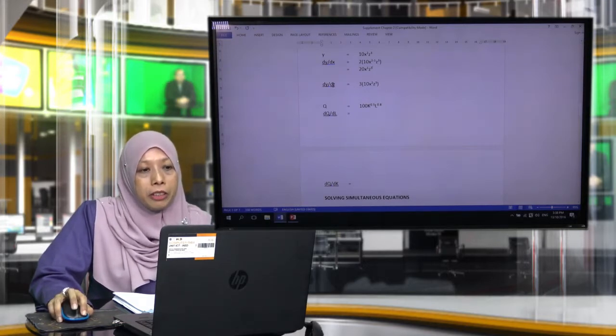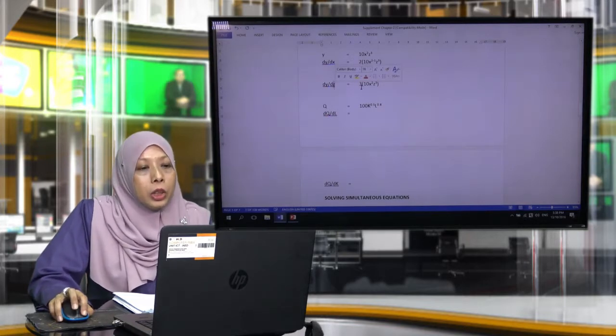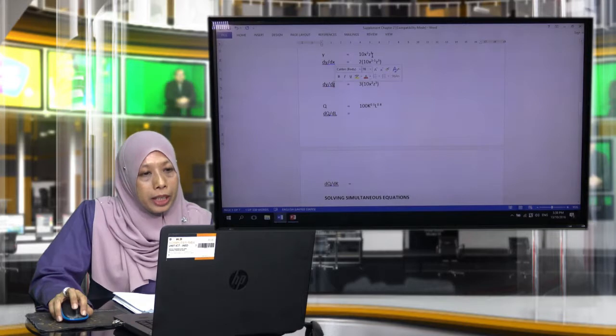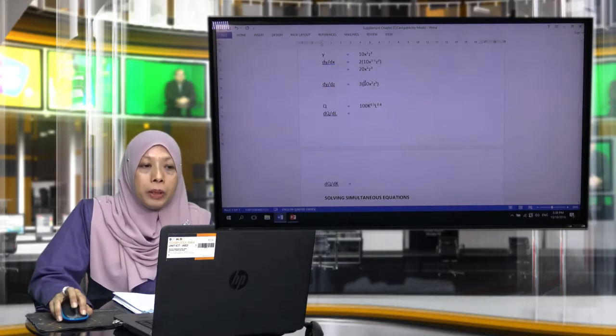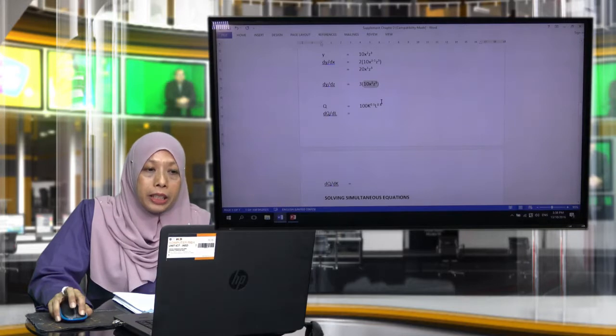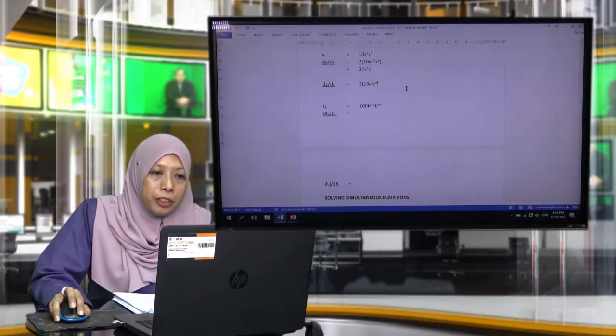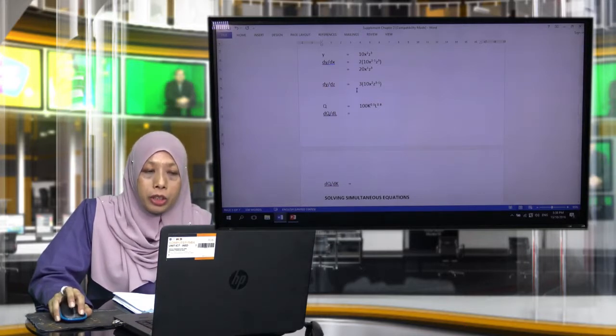Next, let's differentiate the function with respect to z. So when you differentiate the function with respect to z, you have to assume x as a constant. Again, we want to use the power function rule. Because we are differentiating with respect to z here, you have to bring down the exponent for z. The exponent for z is 3.